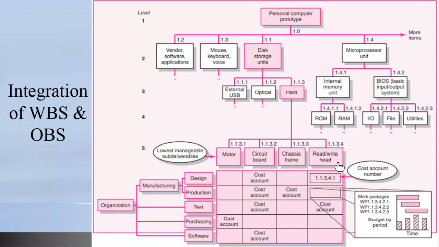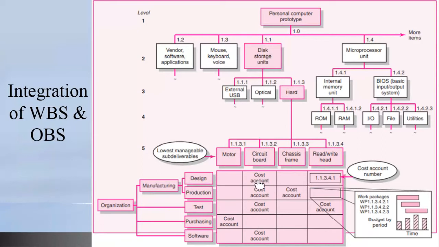And for the design unit, we are saying that they have the responsibility of delivering the 7 work packages that will deliver the circuit board. This will be undertaken by the design team.